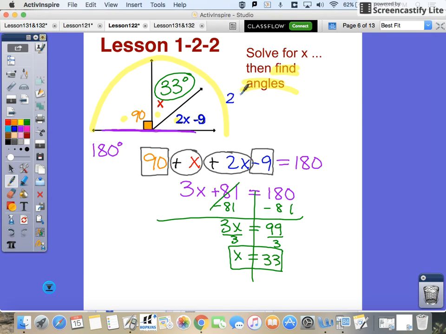So we're going to go 2 times 33 because x is 33 minus 9. And we're going to get 66 minus 9, which is 57. You guys could check your answer too. If you do 57 plus 33 plus 90, it should equal 180, and it does.